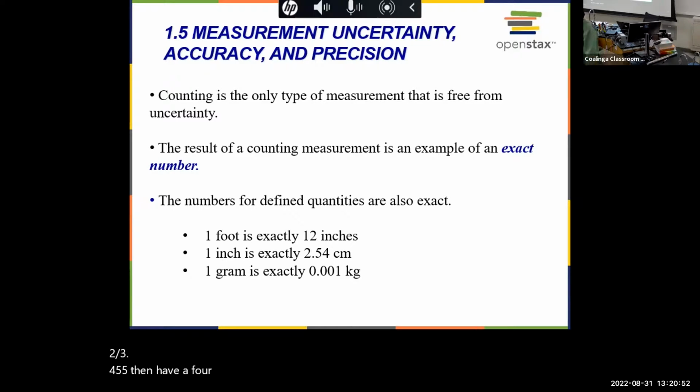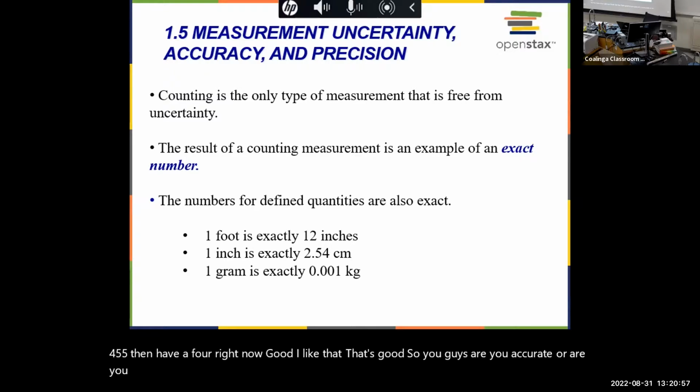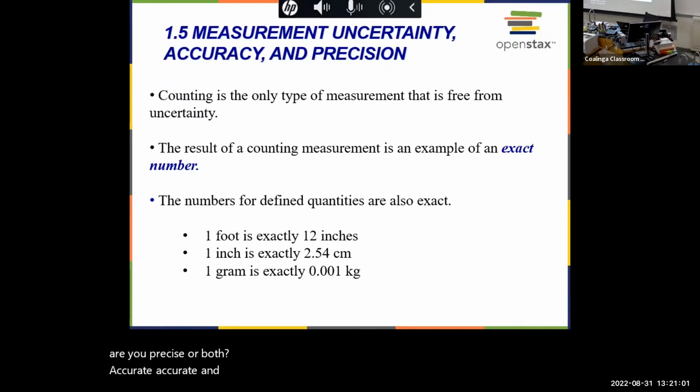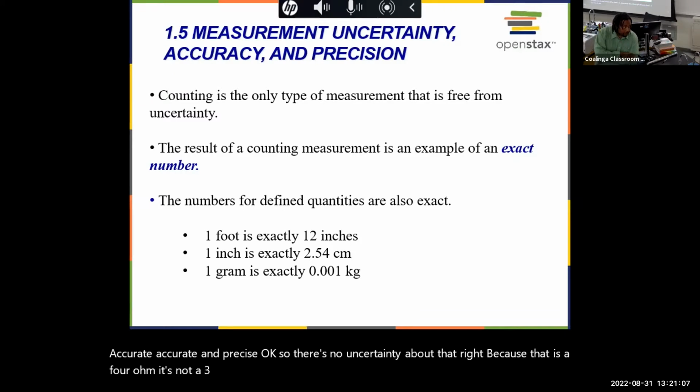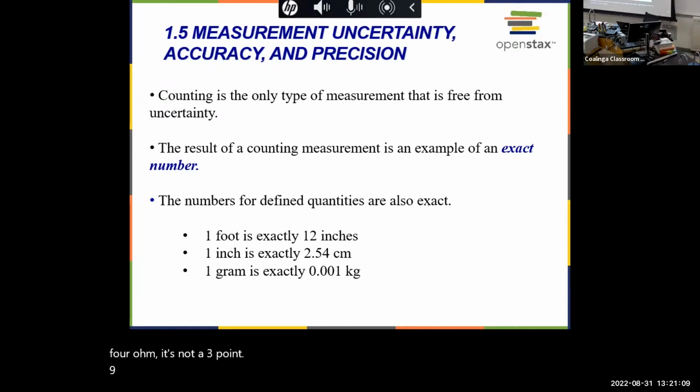Good, I like that. So are you accurate or are you precise? Or both? Accurate and precise. Okay, so there's no uncertainty about that, because that is a 4.0, it's not a 3.95, or a 3.92, right?